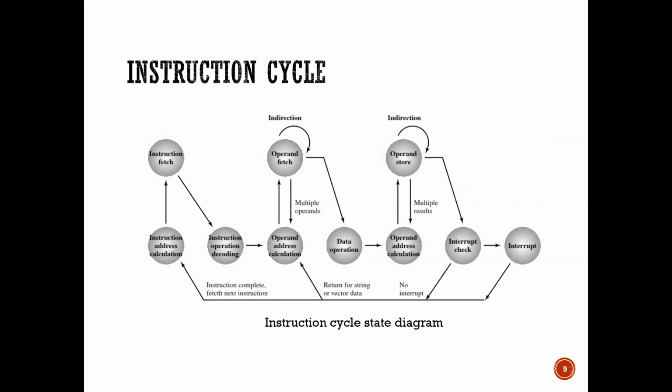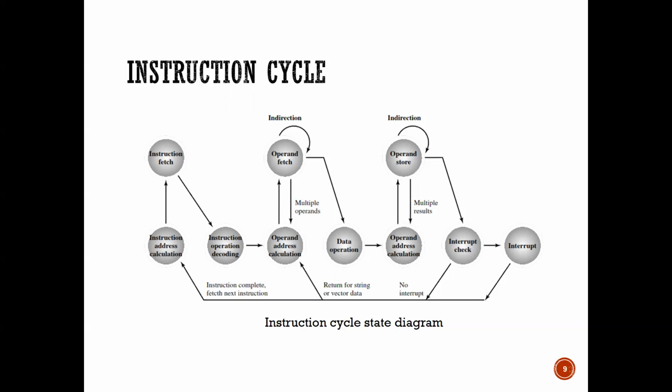This is an example of the instruction cycle. Instruction fetch gets the data and goes to operation decode, which decodes in binary 01. Operand address: if there is a calculation, they will do the operation.